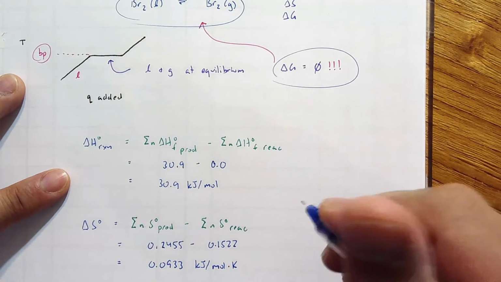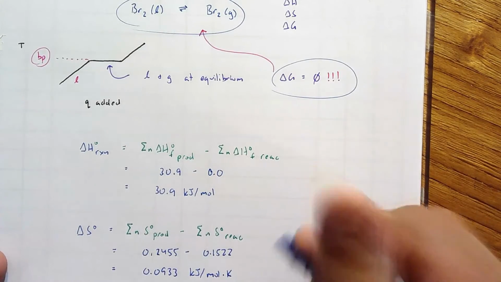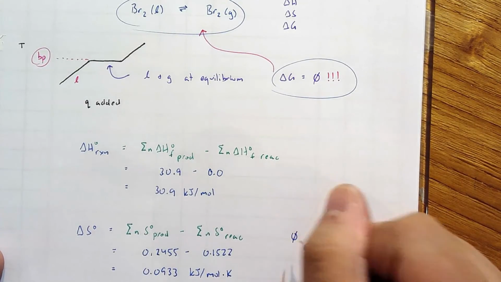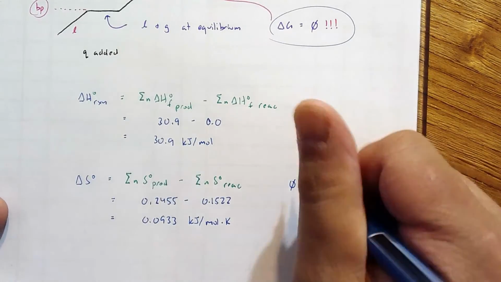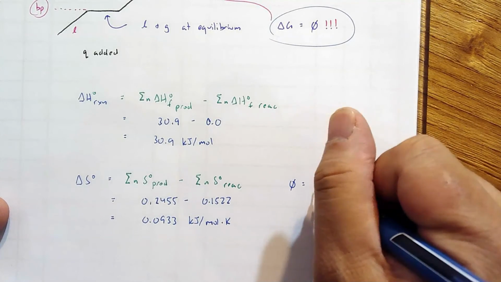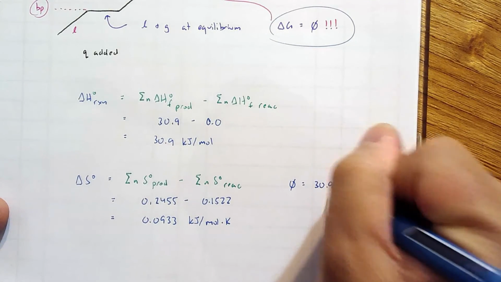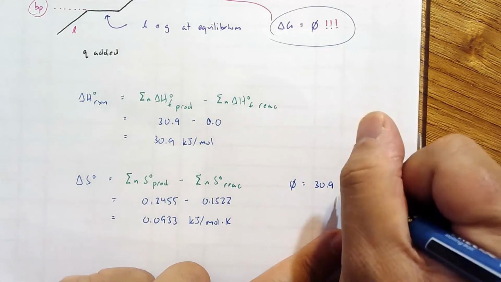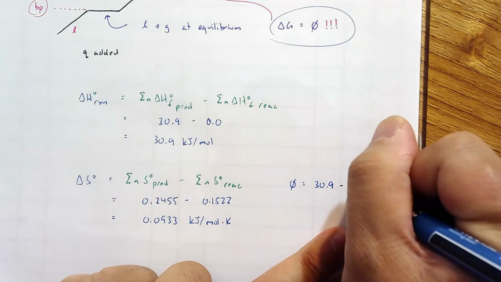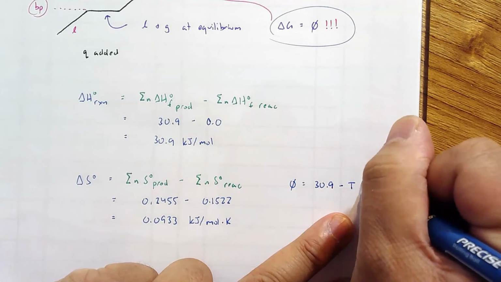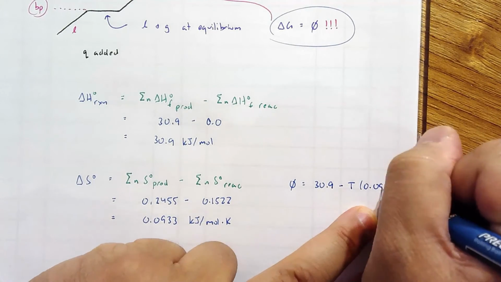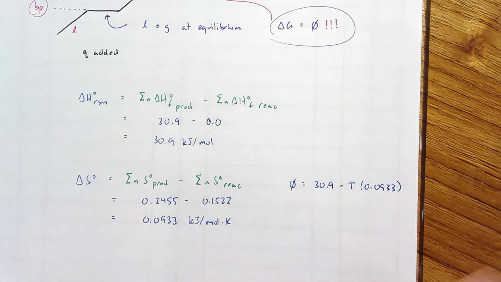So now we're going to substitute it into this equation. I like to plug in the numbers, then rearrange. So we have 0 for the delta G equals, delta H is 30.9 kilojoules per mole, minus T, delta S is 0.0933.